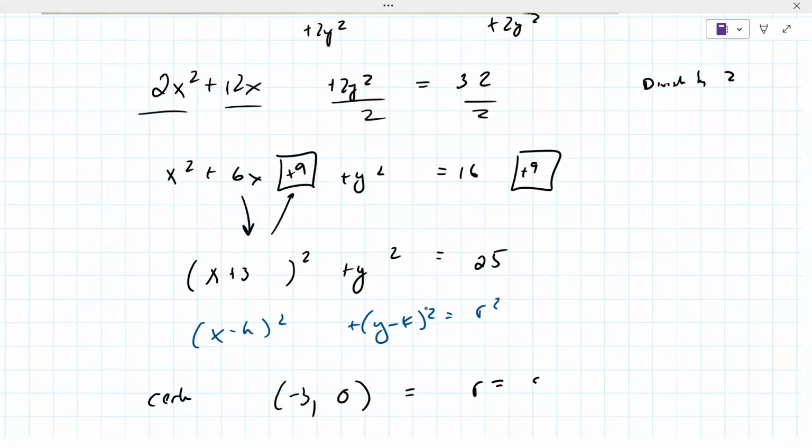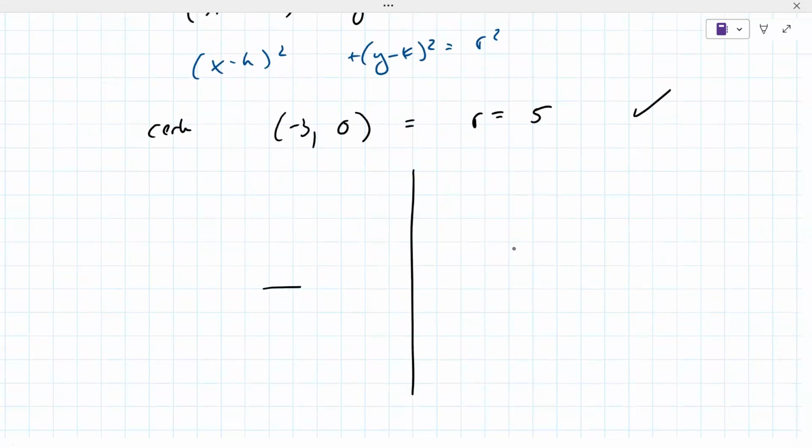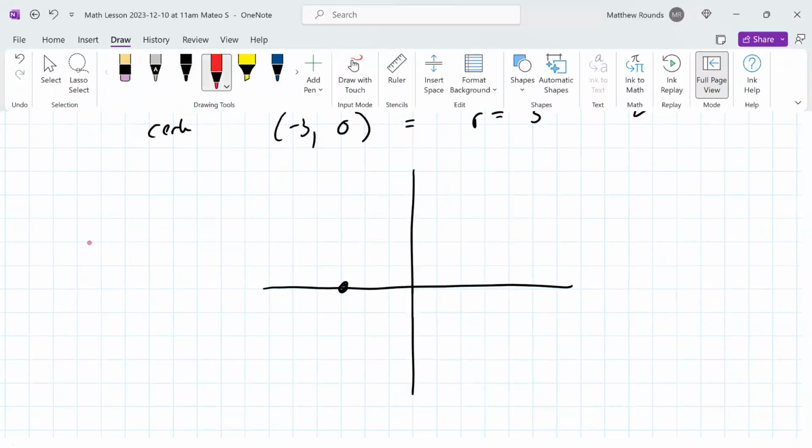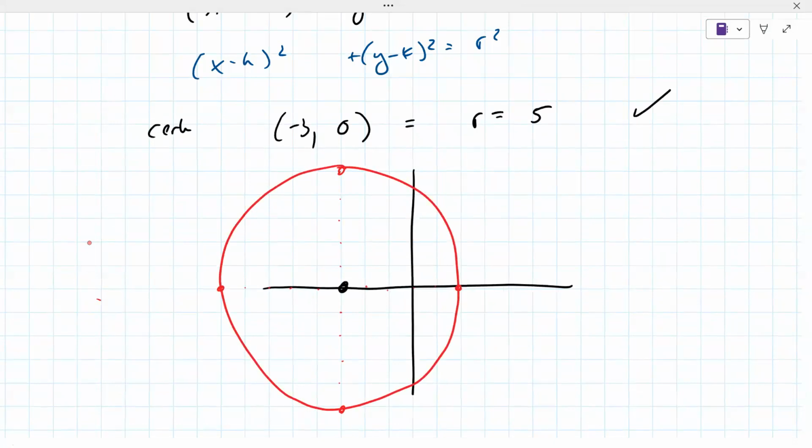5. 5, perfect. All right, now if you were to draw this, and I do think that's part of the things you would be asked to do, you go to the center first, and then even if you're not Catholic, you probably remember the up, down, left, right. You go up 5, down 5, over 1, 2, 3, 4, 5, and you draw a circle, not a football, if you can.